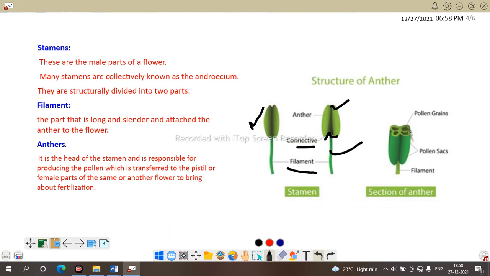So the filament is the sterile stalk of the anther, and the anther is the head of a stamen, and it is responsible for the production of pollen grains. After maturity, these anther lobes rupture and the pollen grains are released for the purpose of fertilization, which may be carried out by any pollen vector or wind. So these are the structures of a stamen, or male reproductive part of a flower.